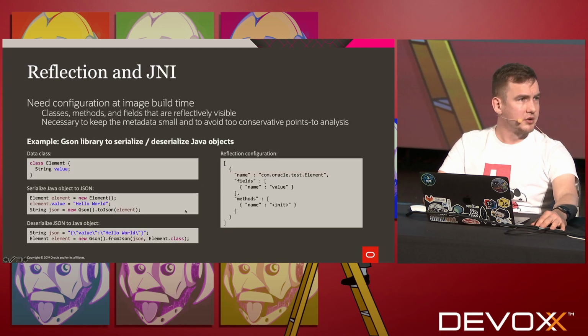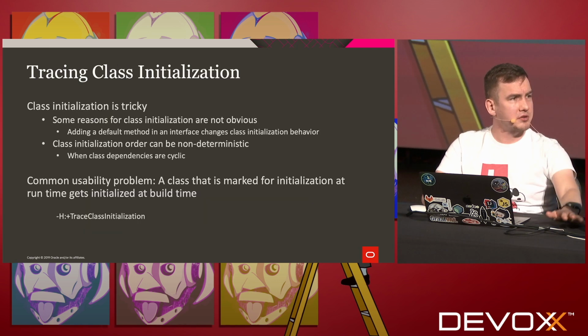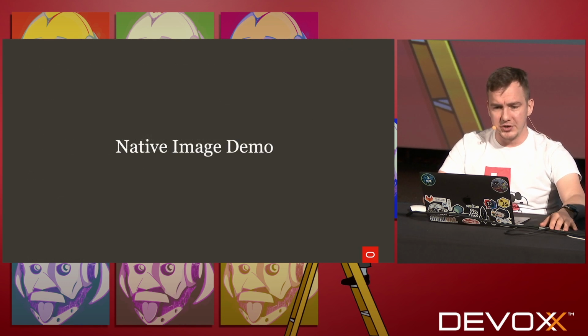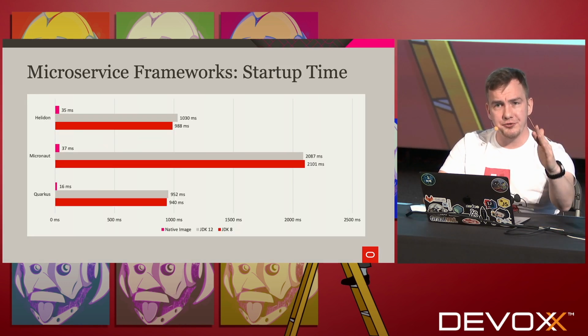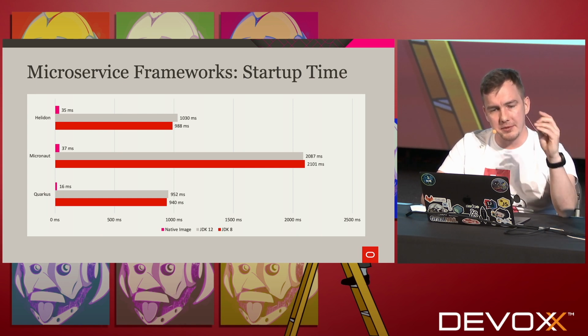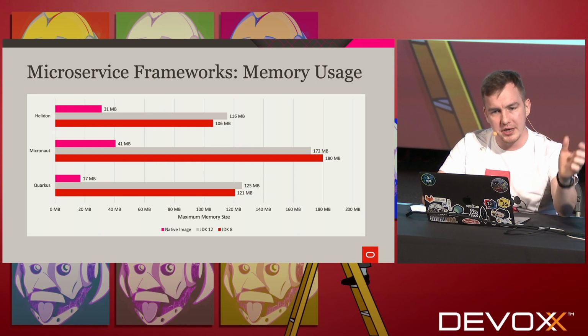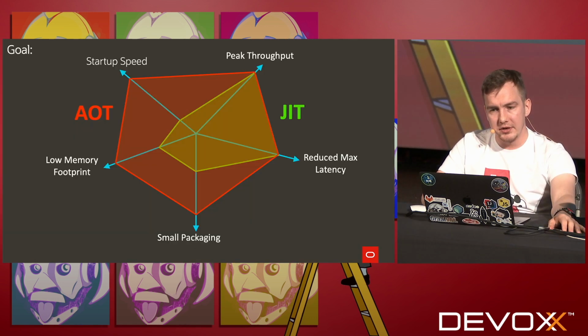You can configure reflection, you can configure class initialization, and you can debug things. But what I want to show is that there are a number of frameworks that support native image. And when they use GraalVM native image, the startup time becomes absolutely negligible, very small. And the memory overhead reduces by several factors.